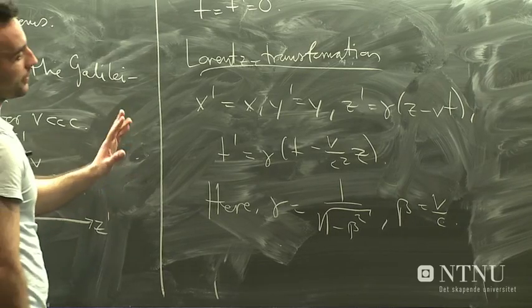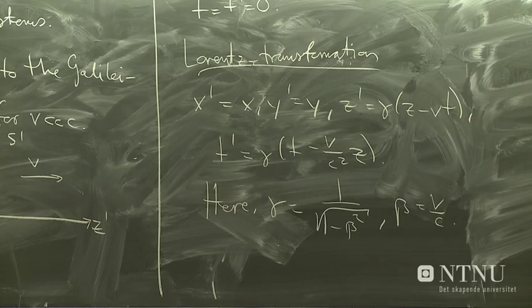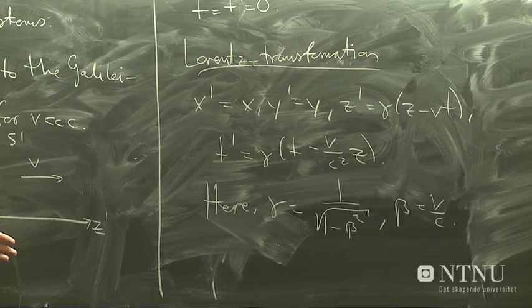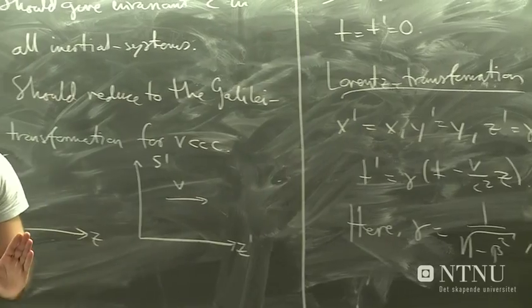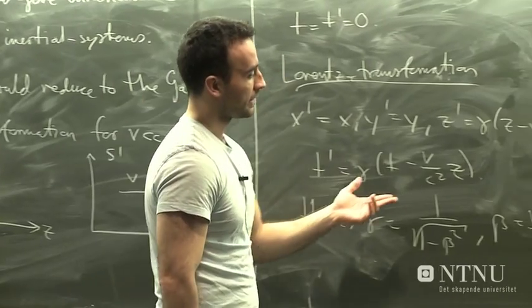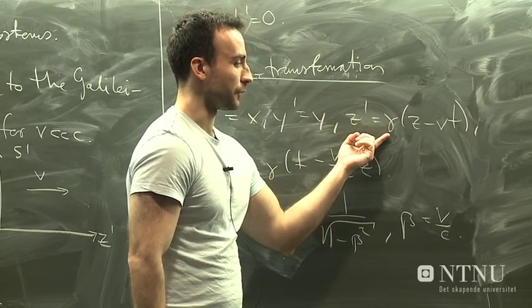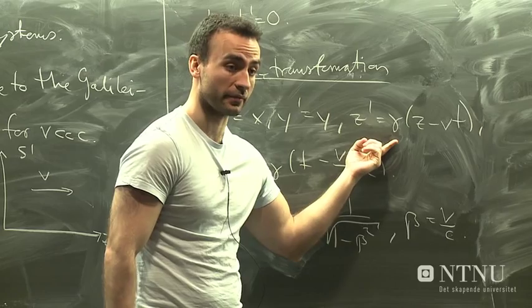So there are at least three things which should be remarked about the Lorentz transformation. For one thing, the coordinates which are perpendicular to the motion are unchanged. The second thing is that the Galilei transformation differs by the introduction of this gamma factor.